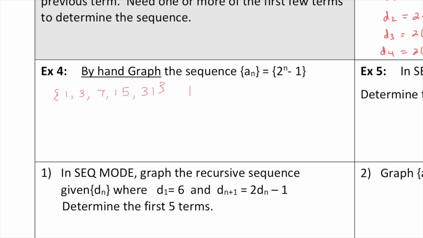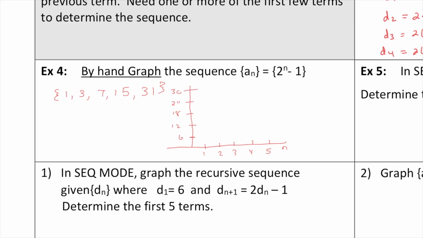Now when we graph these, it's actually a discrete graph. We'll have the n going across, and then we'll have the values going up and down. So we have 1, 2, 3, 4, and 5. Now my values are going up to 30, so I'm going to count by sixes: 6, 12, 18, 24, and here's 30.